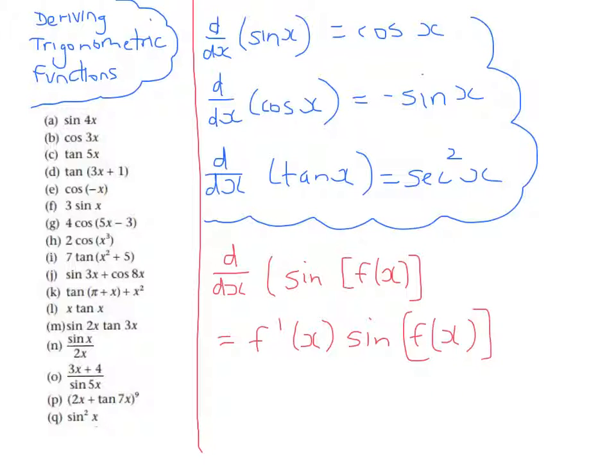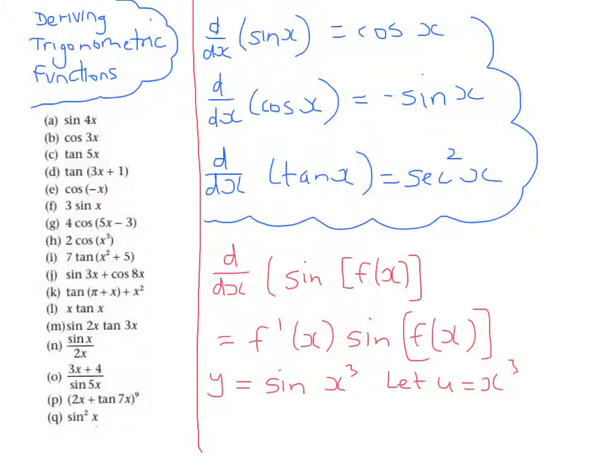The reason it works is the following, and this is the 3-unit bit, the extension bit. Basically, let's say we've got y equals sine x cubed, which was the one we were looking at. So what we do is we let u equals x cubed.